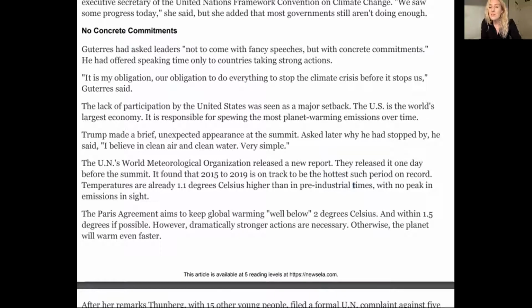The lack of participation by the United States was seen as a major setback. The US is the world's largest economy. It is responsible for spewing the most planet-warming emissions over time. Trump made a brief, unexpected appearance at the summit. Asked later why he had stopped by, he said, "I believe in clean air and clean water."